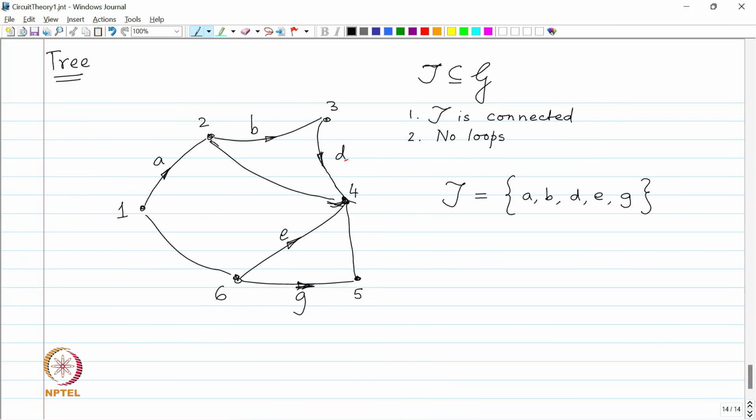For example, I could have cut off A and G and D. That also was fine, okay. It would look different, but that would also be a tree of the same graph.